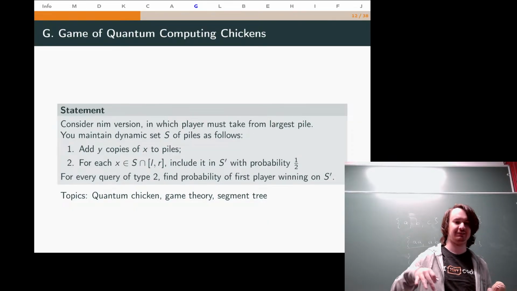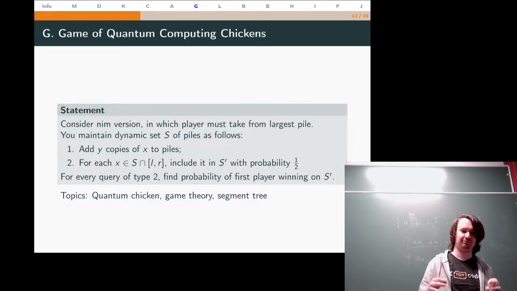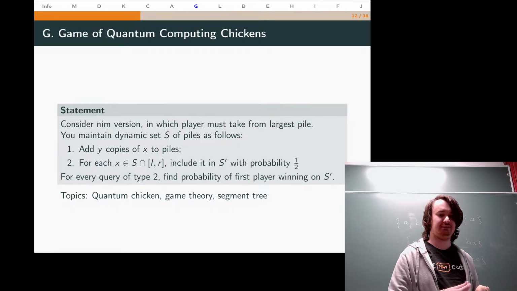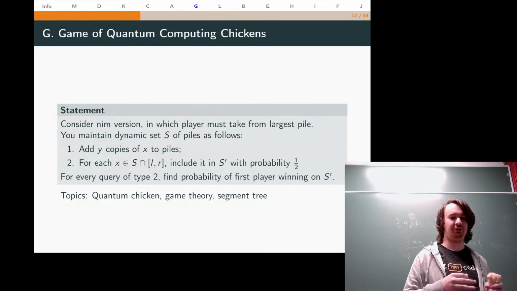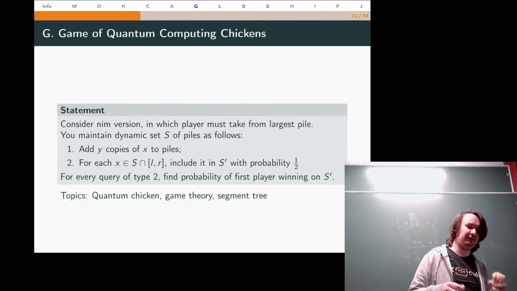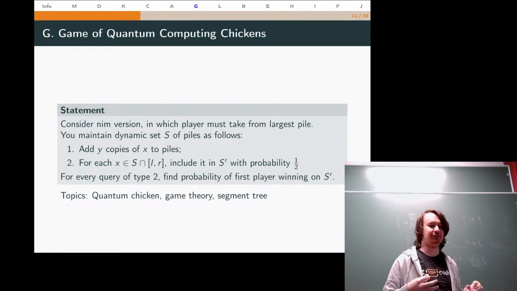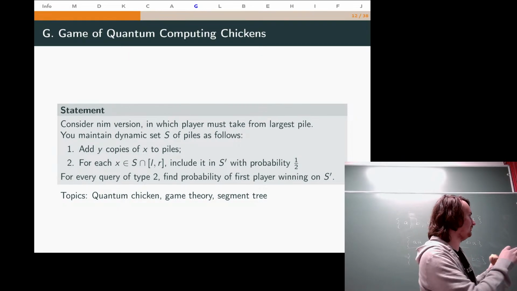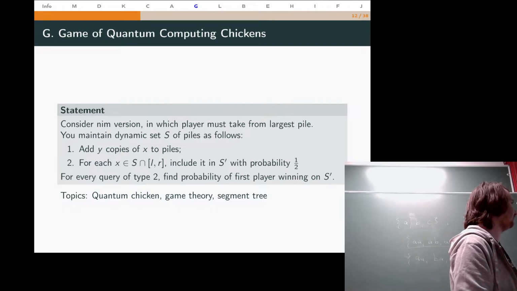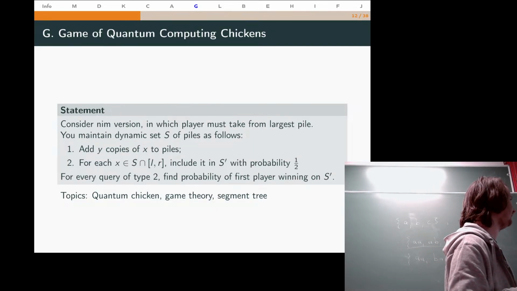The first query is that we add some number of copies of a specific size of pile to the multi-set S, and the other kind of query is that we take an intersection of the current set with some segment from L to R, and then with probability 1/2 we take each element into the actual set of piles that we will be using for the actual game. For every query of type 2, it is important to notice that after we create the subset S prime, we do not substitute S with S prime because we use S prime only for that query.